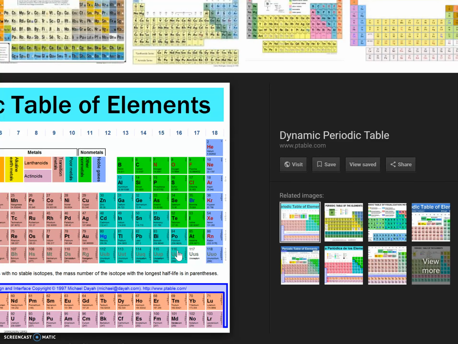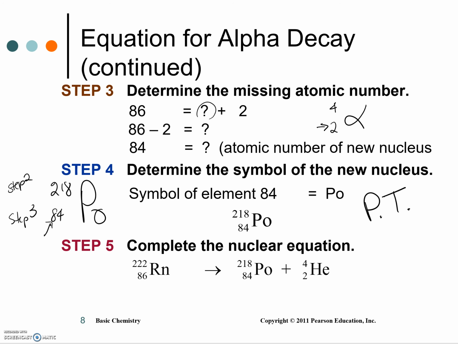And you can see right there is your 84, and that is going to correspond with the symbol Po. So now that we have our symbol, we can substitute that back in. And the nice thing is you can always check your answer by adding your 2 superscripts. They're going to equal that 222, and adding your 2 subscripts because those are going to equal 86.